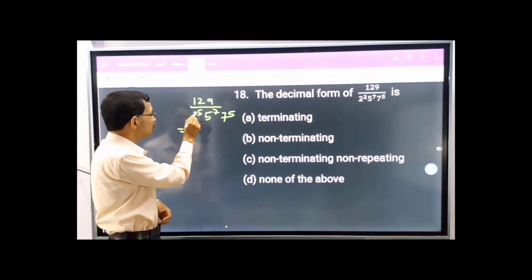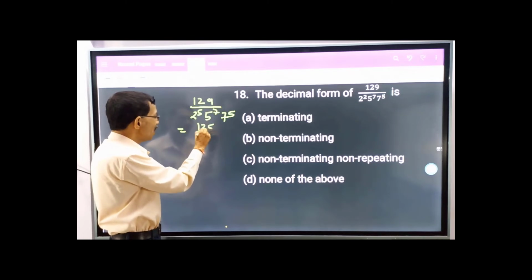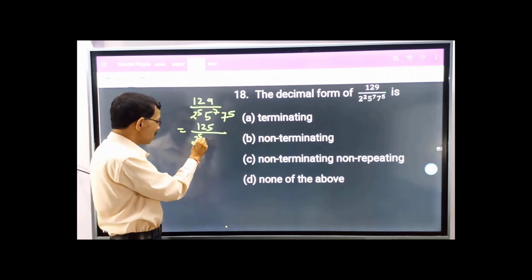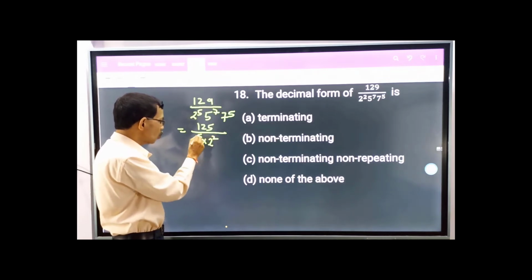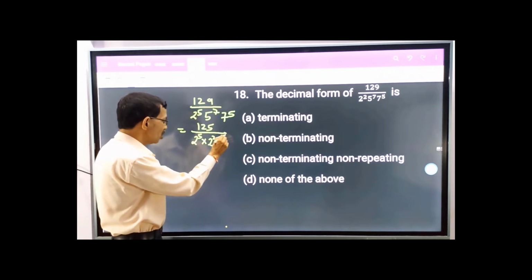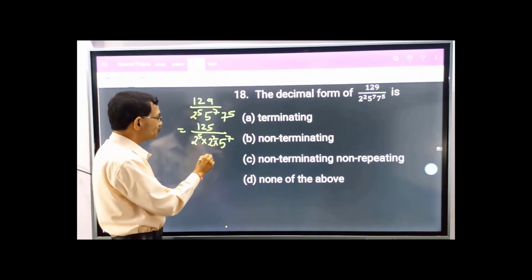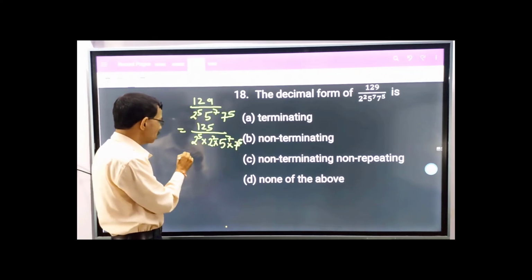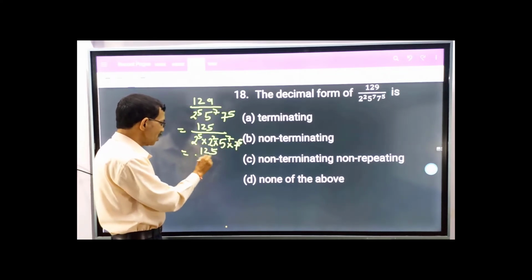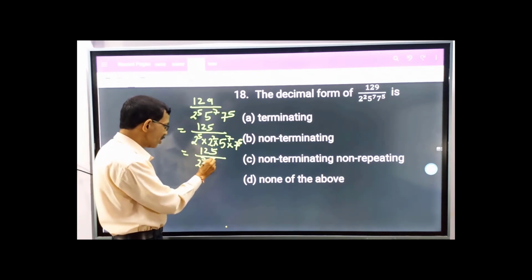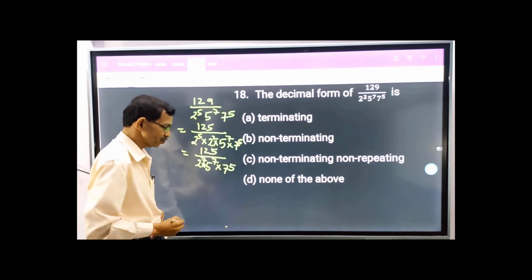So let me tell you here, this is 125 and this is 2 raised to 5. I will multiply it by 2 raised to 2 to make it 2 raised to 7, because here we have got 2 raised to 7. Multiplied by, of course, 7 raised to 5, it is there. So this will be 125 divided by 2 raised to 7, 5 raised to 7 into 7 raised to 5.